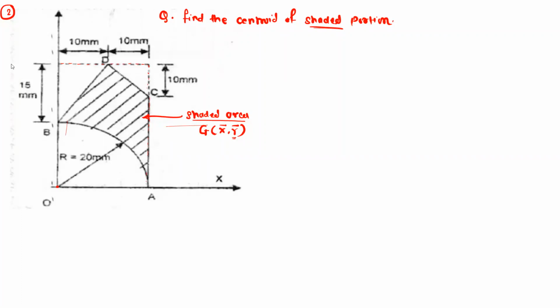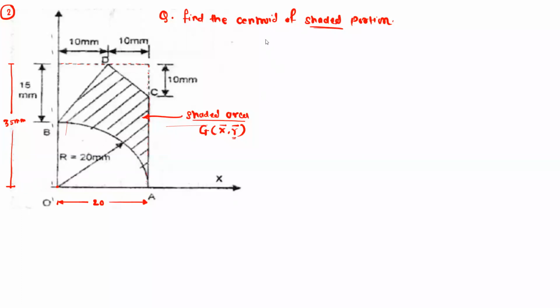This total dimension is 15 plus 20 mm, so this is 35 mm. This is the height of that rectangle, and this side is equal to 20 mm. Basically this 20 mm is the radius of this quarter circle.